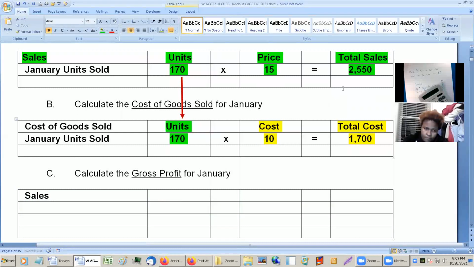So our sales were 2550. Now the cost of goods sold, these are the goods that left the place. So we don't have these 170 goods, they left the place. So this is cost of goods sold, at 1,700, and it's a minus. Yeah. Because they walked out the door.